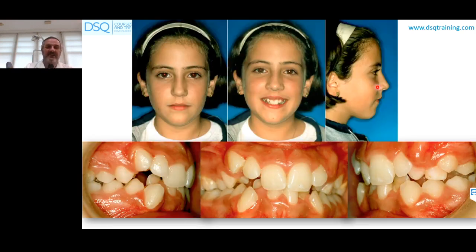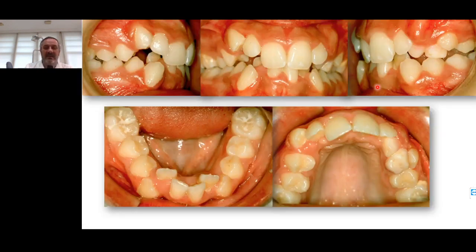I started with the Smart Scenery many years ago in cases like this, with huge crowding and a lot of problems with this canine. The main problem with conventional brackets at the start of my practice was the protrusion of the roots.